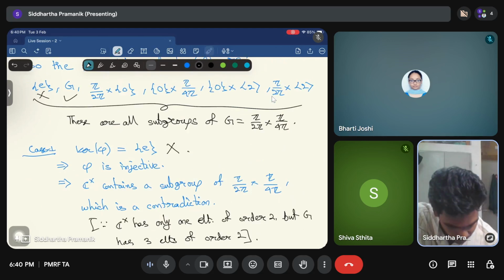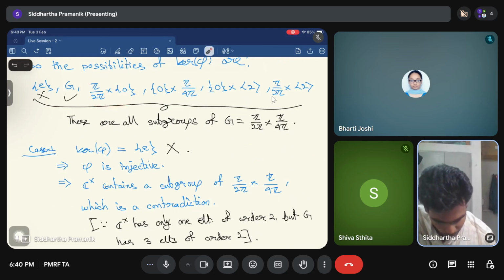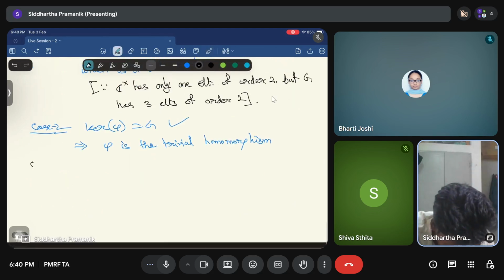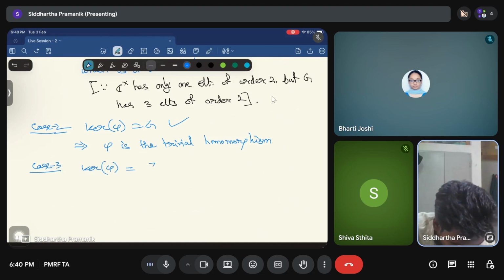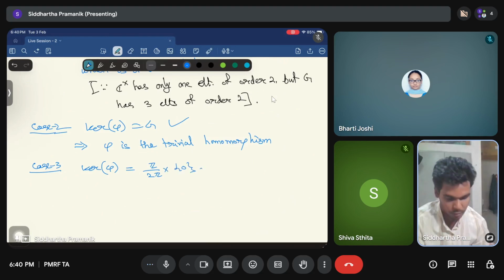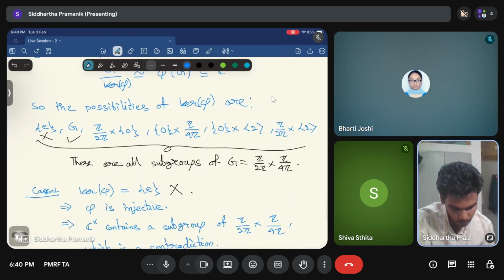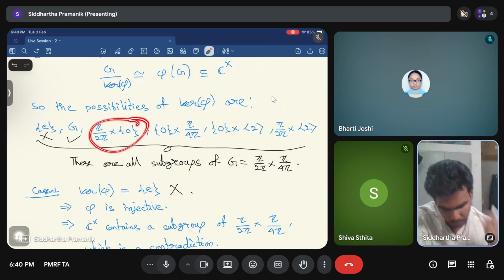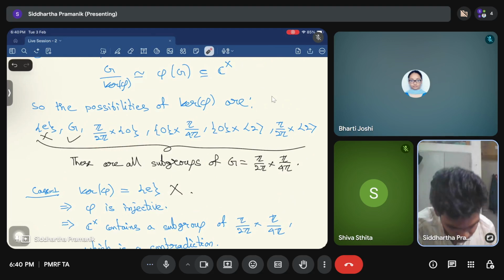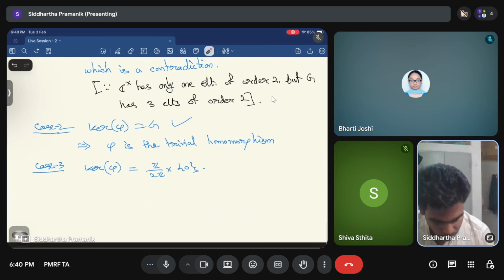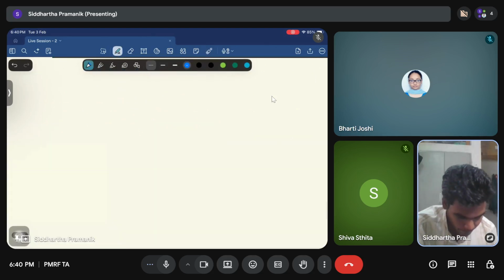Now let's check the third case. Case 3, where the kernel of phi is Z mod 2Z cross 0. Is it possible? Can this subgroup be the kernel?